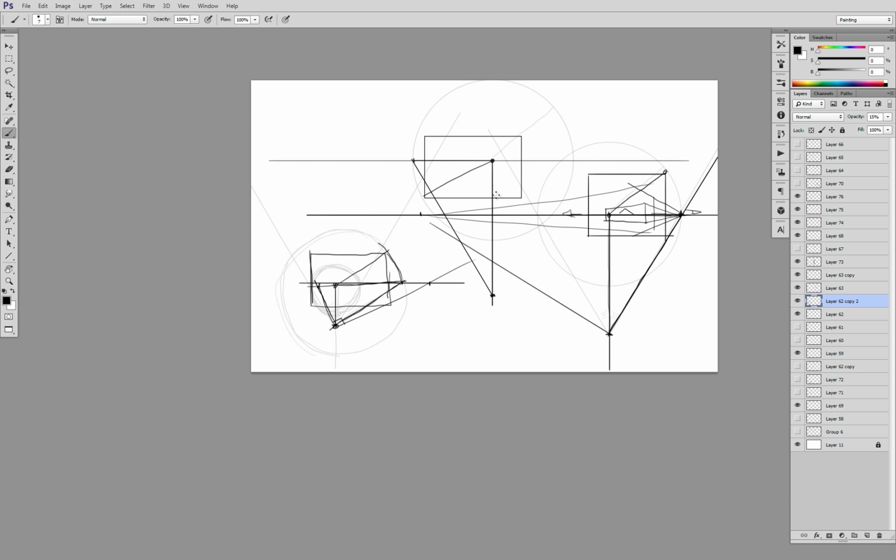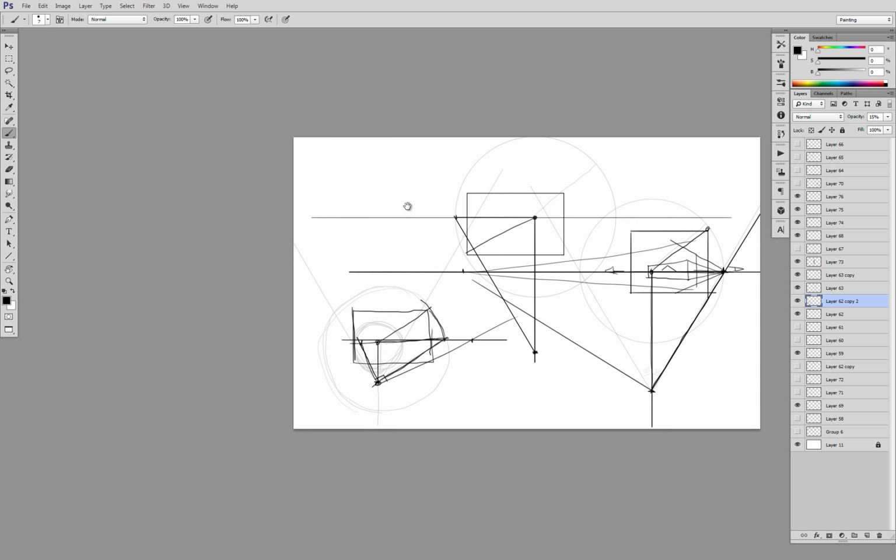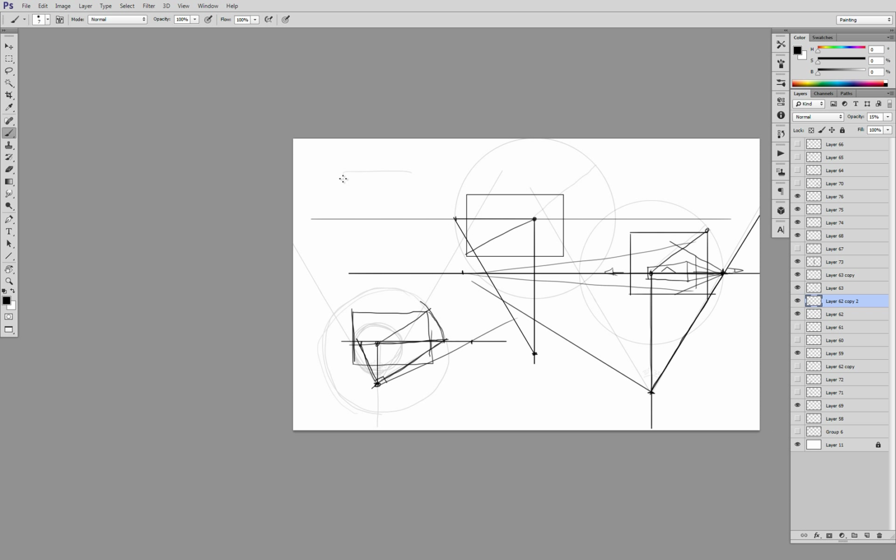So what you can say is, if I'm drawing an image like this, the horizon line is there, the center line is kind of there. Maybe there's going to be a triangle like this, right?